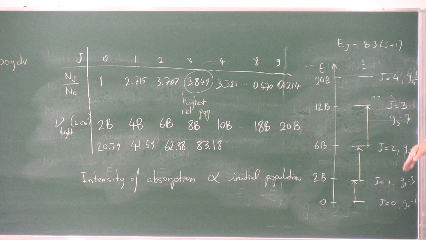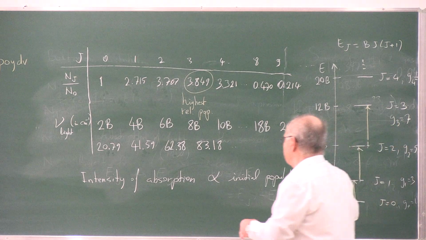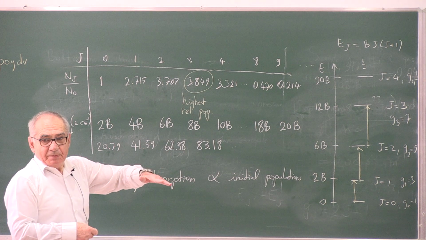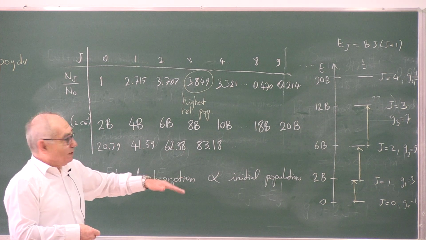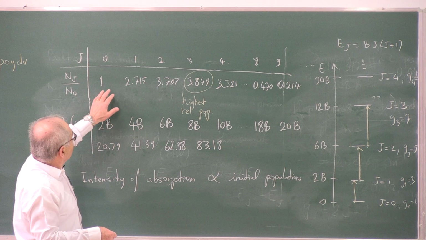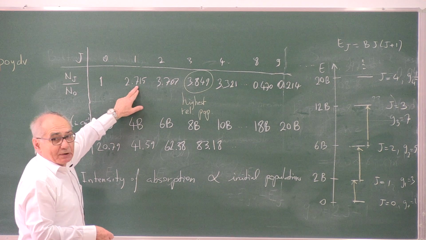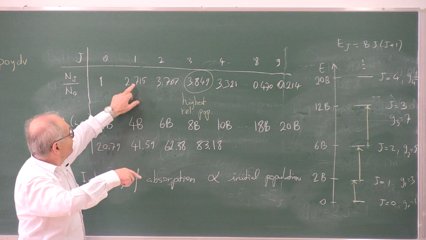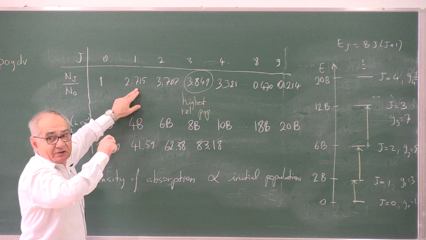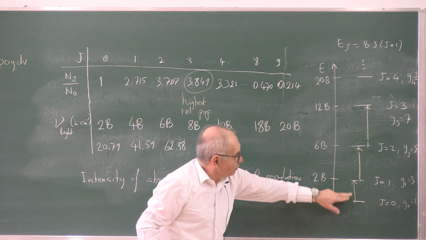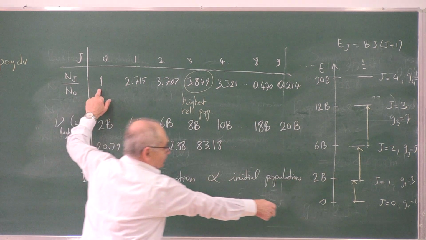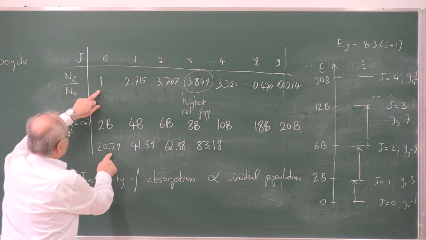So relative intensities of absorption are directly proportional to the initial populations or relative populations. So the relative populations indicate that J equals 1 to J equals 2 level, initial population is this number, relative population, is more intense than J equals 0 to J equals 1 level, because its relative population is 1 for the first transition, this with this energy, 20.79.